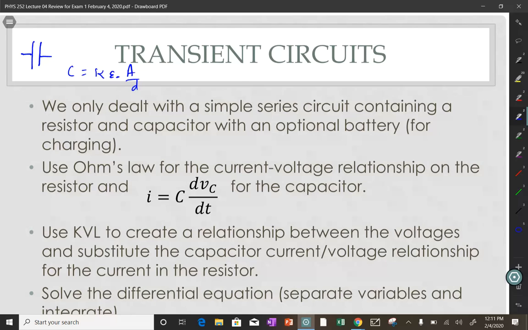Well, we have the relationship for capacitor. This was the physical capacitance, but the definition of capacitance was the charge divided by the voltage difference. So given that relationship, I can solve this for Q equals VC.